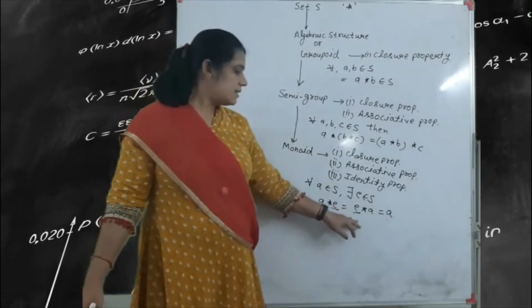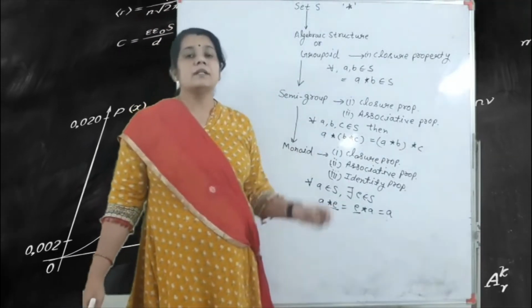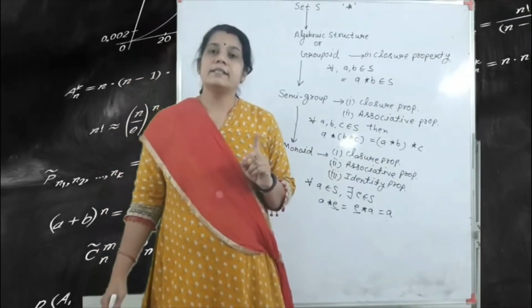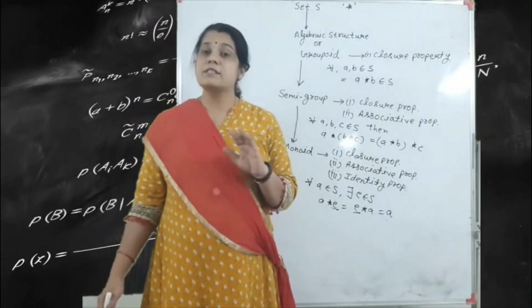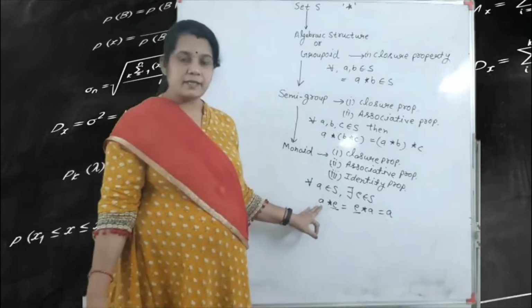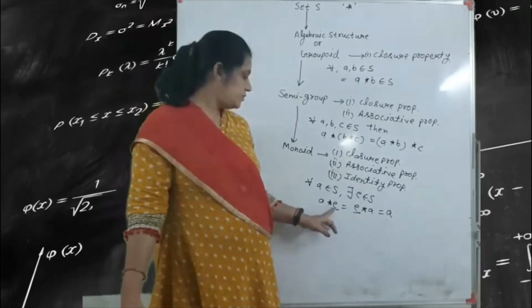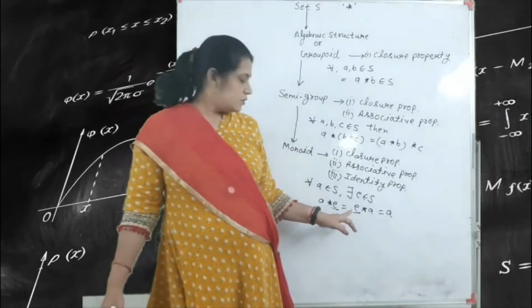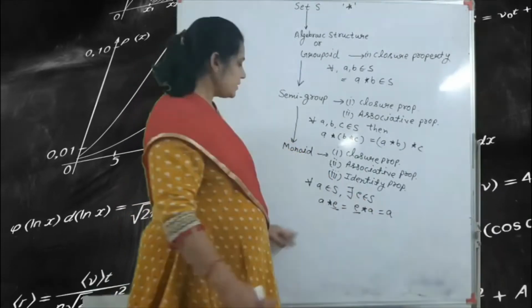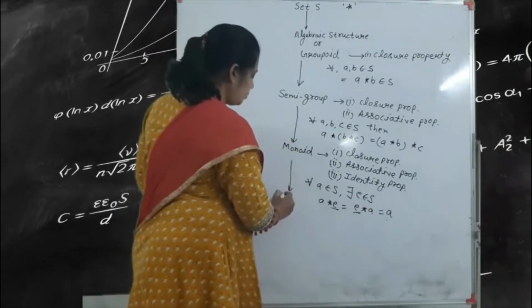So if the operator is the plus sign, the identity element is 0. What is the meaning of the identity element? We have one element, and with the operator we use the identity element, and we get the element itself.